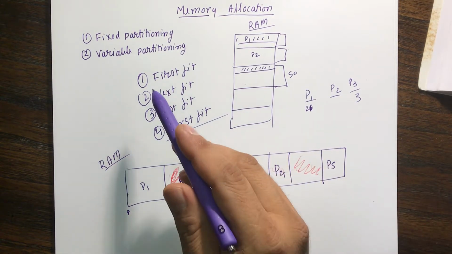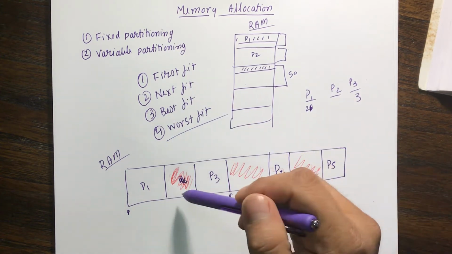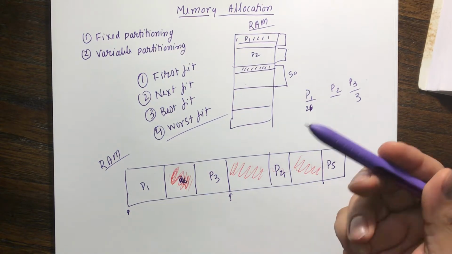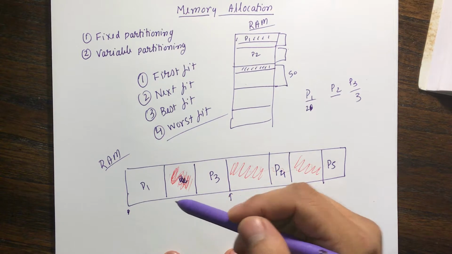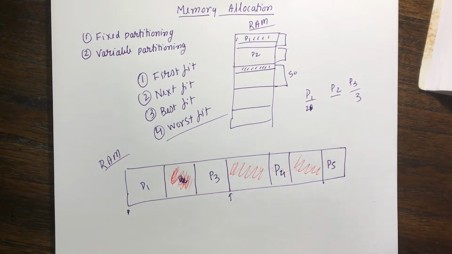So these are the four different ways in which you can fit your processes inside different holes in the variable partitioning scheme. Which one is best? It depends on the processes, the size they take, the sequence in which they come, and the sequence in which they get executed.